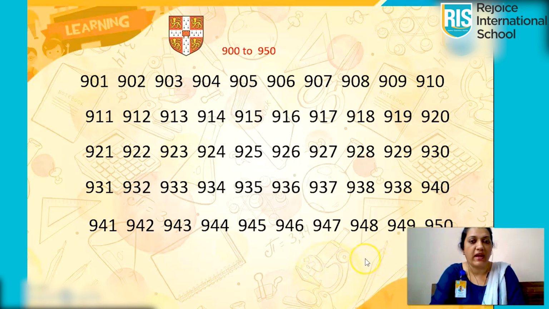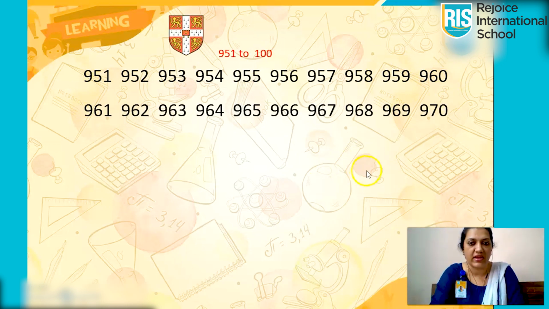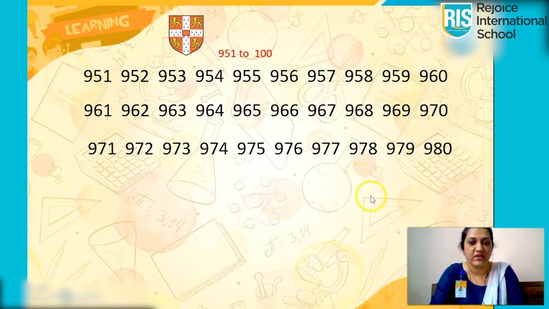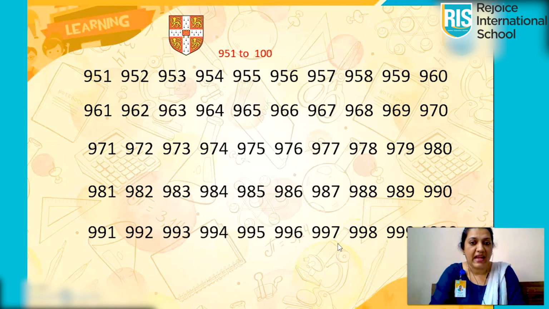Now because we are writing these numbers for 900, that's the reason why you will see at the start, you will see 9s written everywhere. Alright, in the hundreds digits. The next slide continues from 951 to 960, 961 to 970, 971 to 980, 981 to 990, and here I'll just read this out to you.